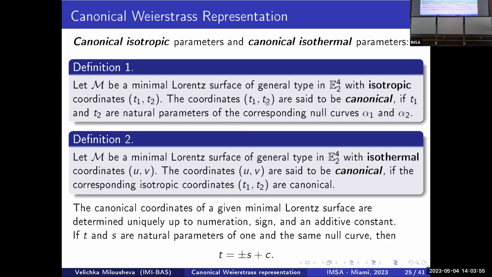And if we consider a minimal surface parameterized by isothermal coordinates u, v, then we say that u, v are canonical if the corresponding isotropic coordinates are canonical. So the canonical coordinates of a given minimal Lorentz surface are determined up to numeration, sign, and an additive constant, because if T and S are natural parameters of one and the same null curve, we have this relation. Here C is a constant.